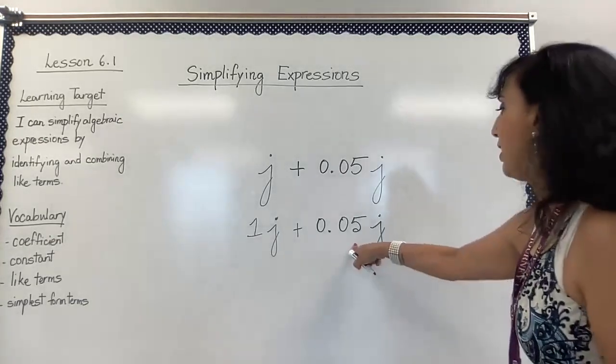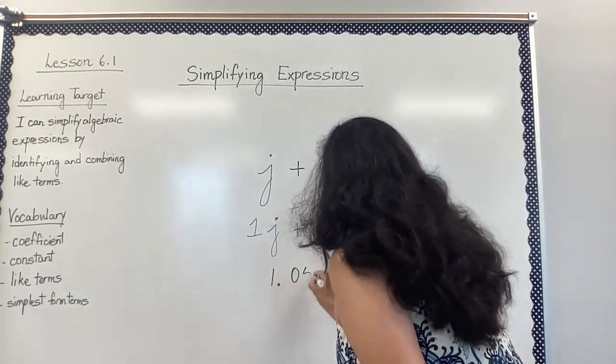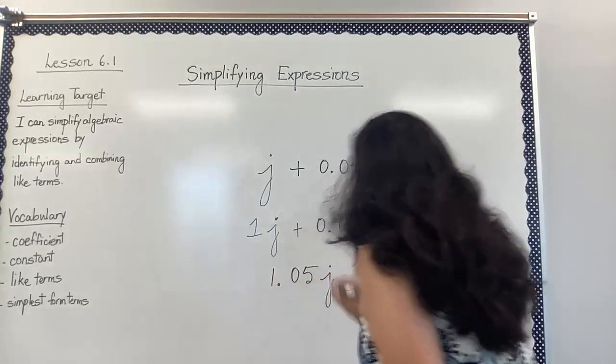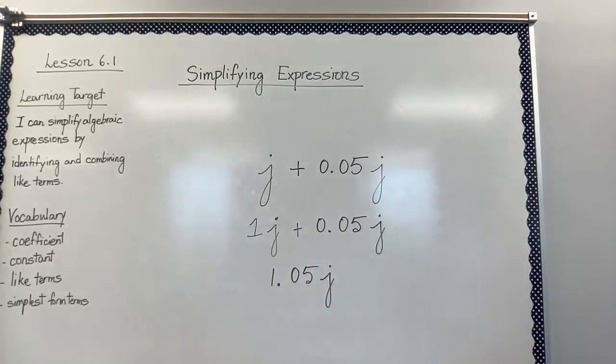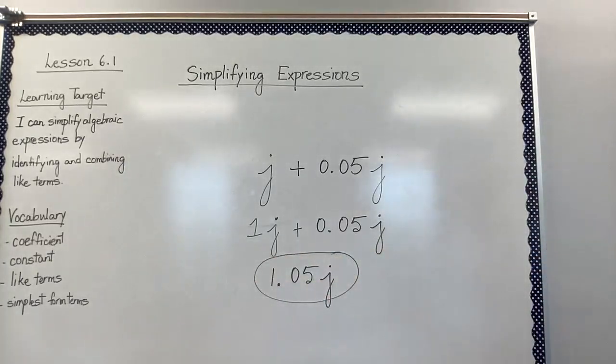So 1 plus 5/100, and I get 1 and 5/100 j. That is my answer for simplifying this part. So increasing the jacket's price by 5% is the same as multiplying the price by 1 and 5/100.